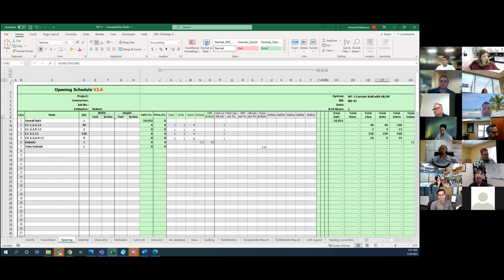Quick question on the door hardware. Are we solely using SPD? Are we still using Interiors? And if we are using Interiors, do they fall under the subcontract, and is that where their money would be? What's the process right now? Yes.